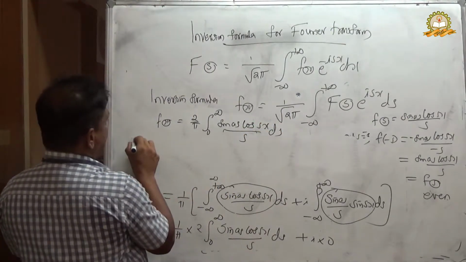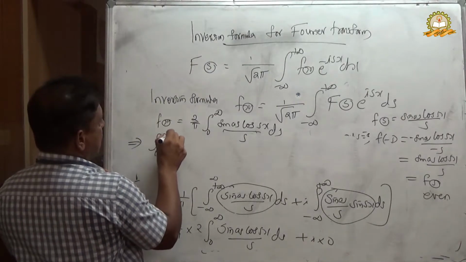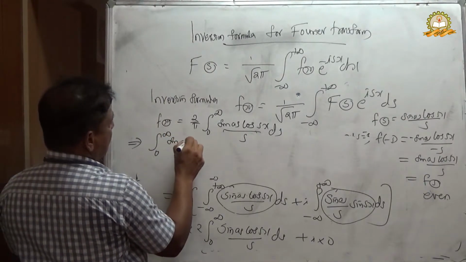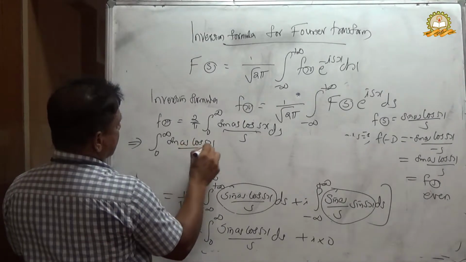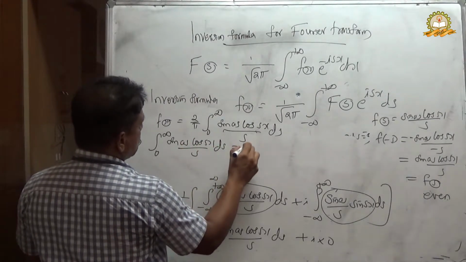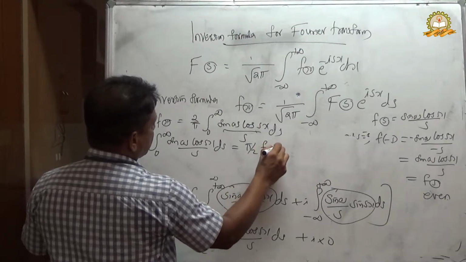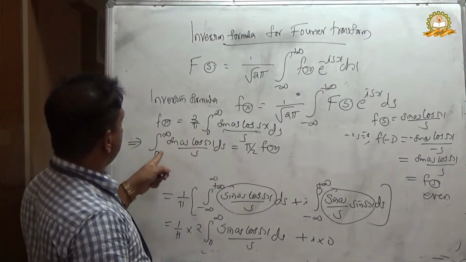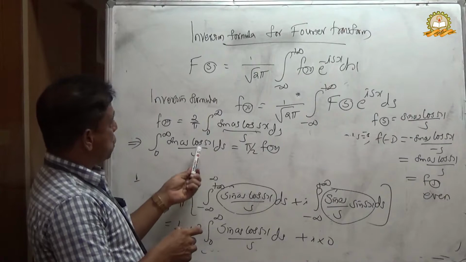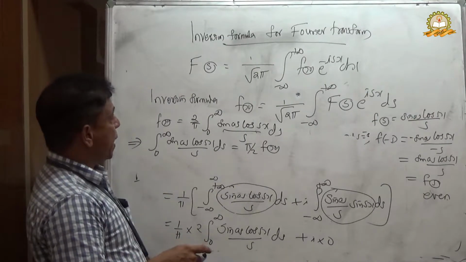Then, rearranging this, the integral from 0 to infinity of sin as cos sx by s ds is equal to pi by 2 into f of x. We are just rearranging the problem. The integral from 0 to infinity of sin as into cos sx by s ds is equal to pi by 2 into f of x.